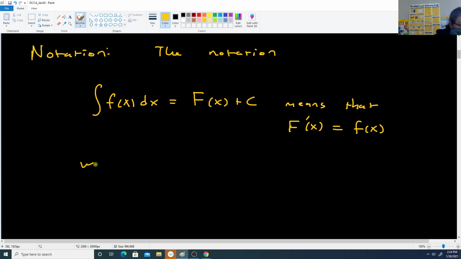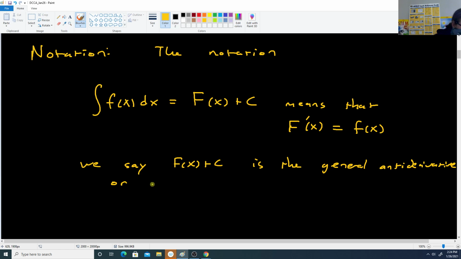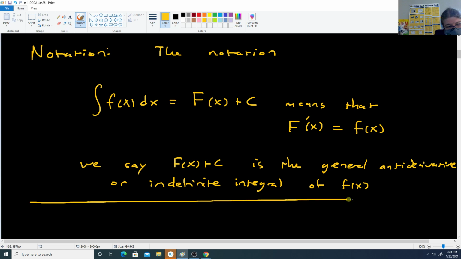So we say capital F of x plus c is the general antiderivative, or we could also call it the indefinite integral of f of x. So this is another way to write the general antiderivative, and we would refer to that as the indefinite integral.